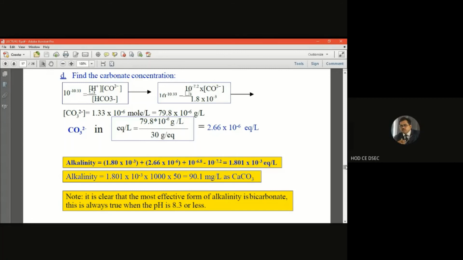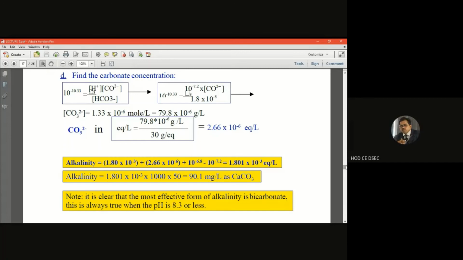As you all know, both hardness and alkalinity are expressed on the calcium carbonate scale, that is, as milligram per liter as CaCO3. So the CaCO3 equivalent weight has to be multiplied with this value.